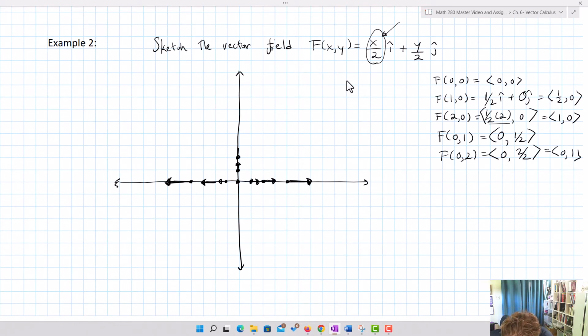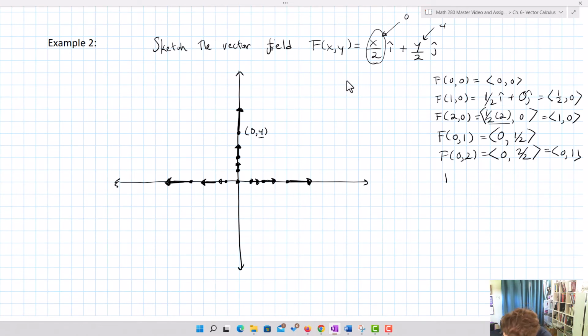And you can imagine as well that if we go up to 4, that's going to double. Because y is now 4, so this point here is 0, 4, my y is 4, and my x is 0, so that's why I end up with 0, 2.